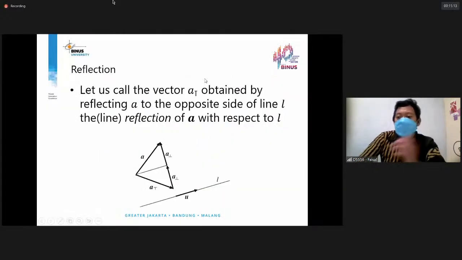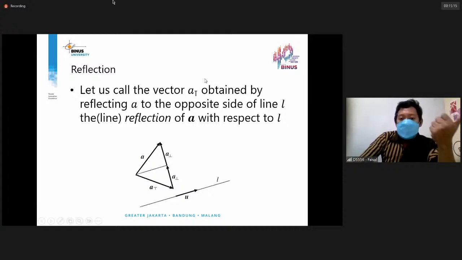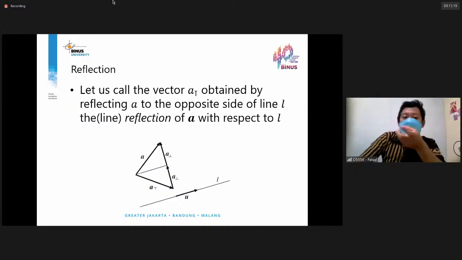Okay, now how do we compute the projection, the rejection, and the reflection if we are given any vector A in 2 dimensions or 3 dimensions?